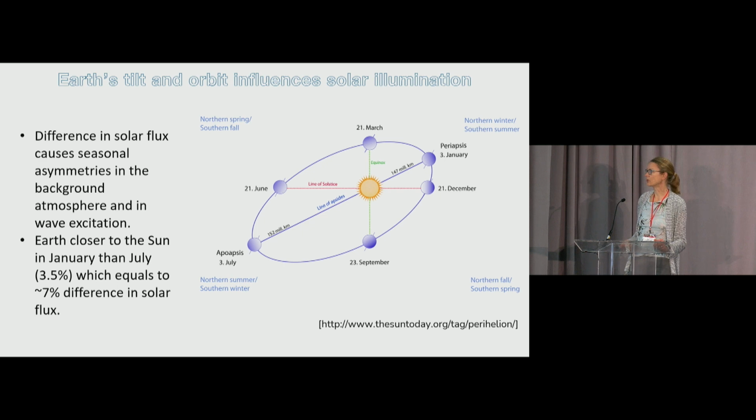The other is that the Earth is further away from the sun in around July than in January, and we can see these effects, for example, in the plasma distribution. So there is an annual variation in the upper atmosphere.